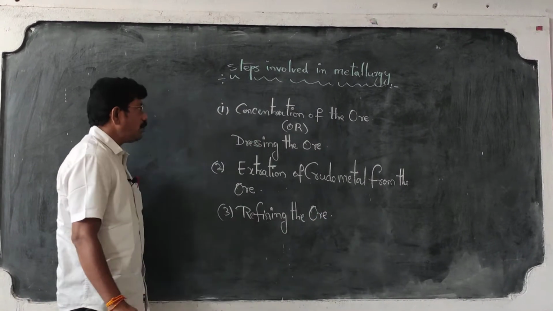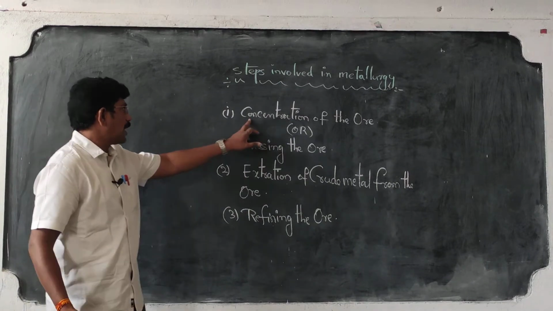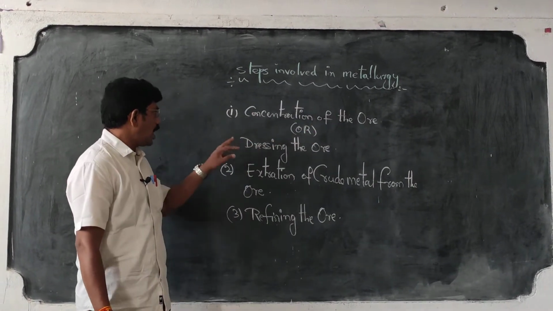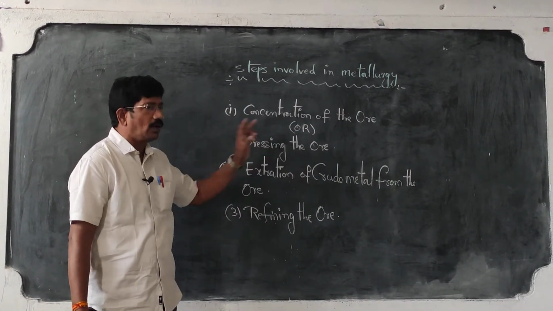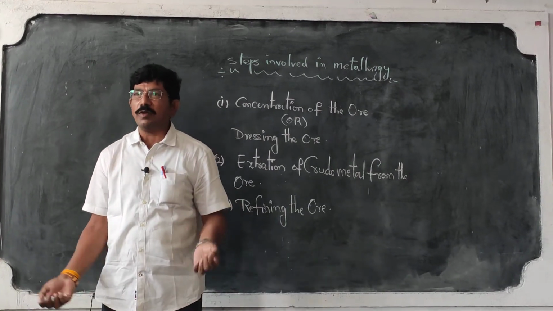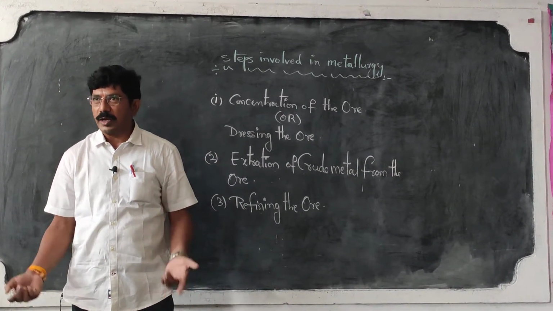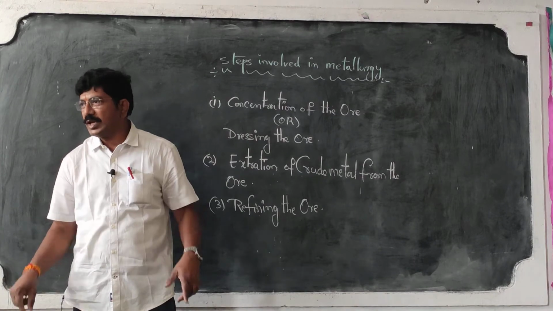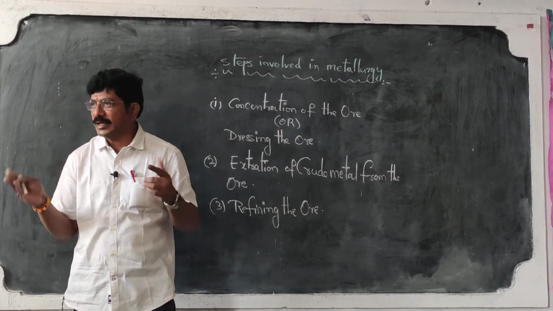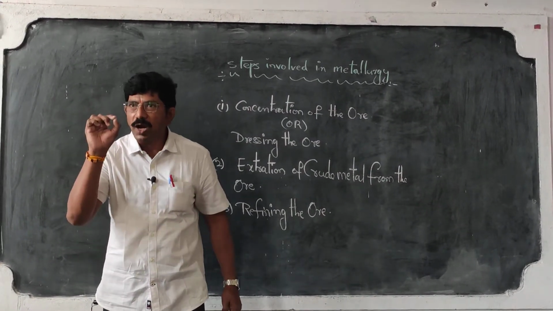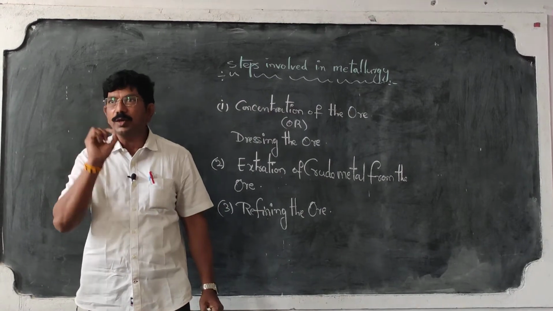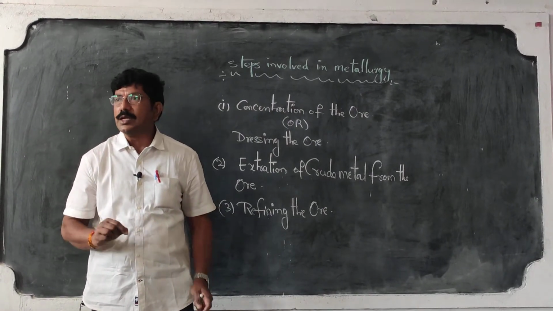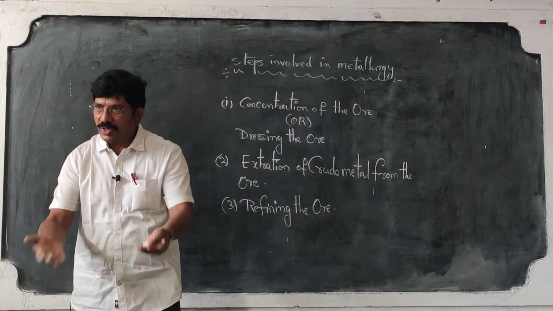So what are the three main stages involved here? Concentration of the ore, which is also known as dressing the ore. It doesn't mean that we are giving new clothes to the ore. Dressing means removing the unwanted impurities. Why? Because we are extracting the ore from the earth crust.